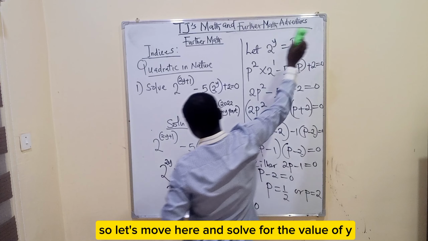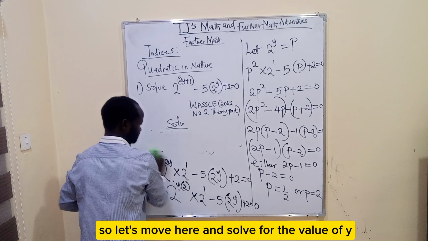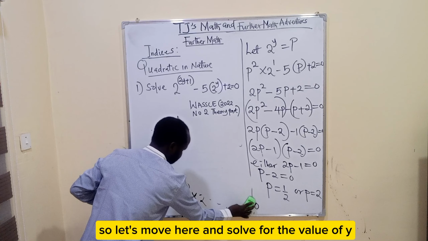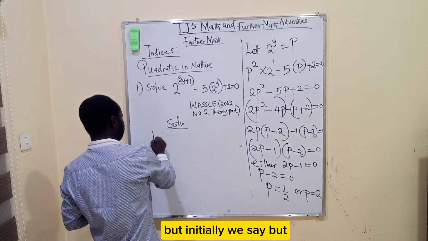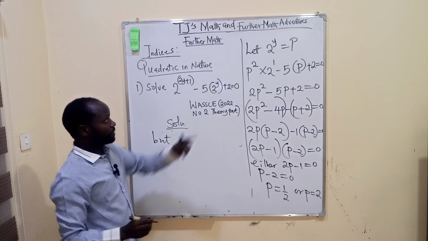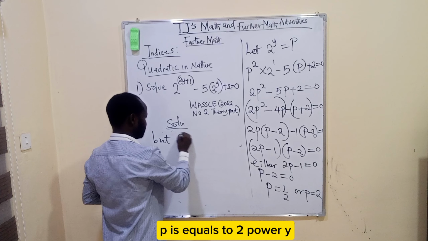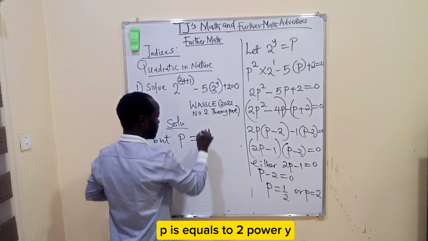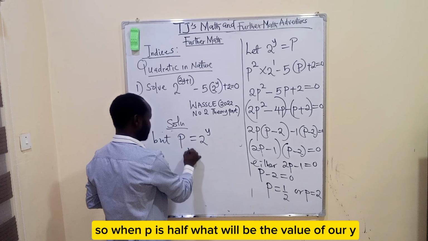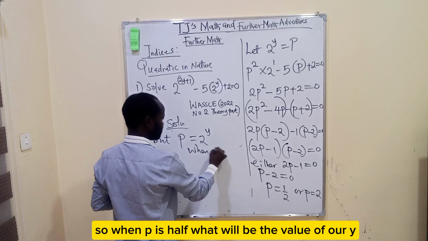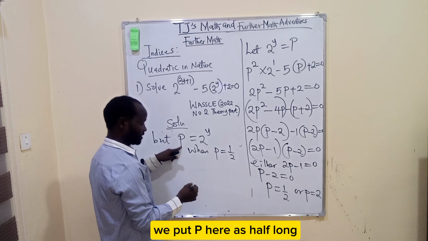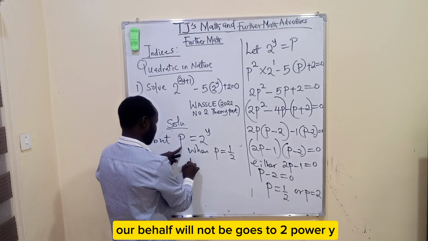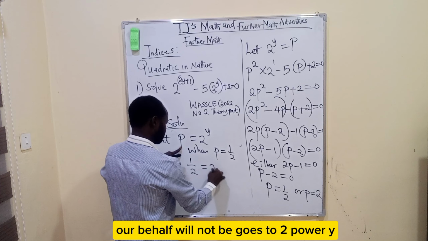So let's move here and solve for the value of y. But initially we said p is equal to 2 power y. So when p is half, what will be the value of y? We put p here as half. That will be half equals 2 power y.